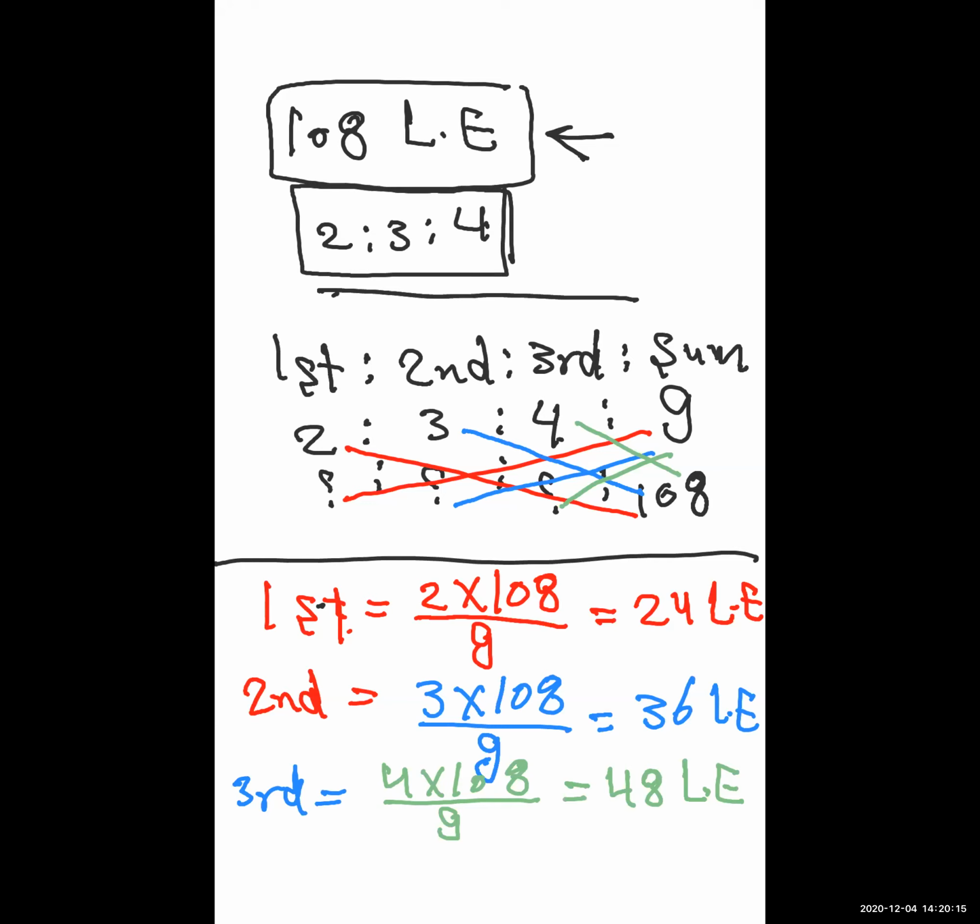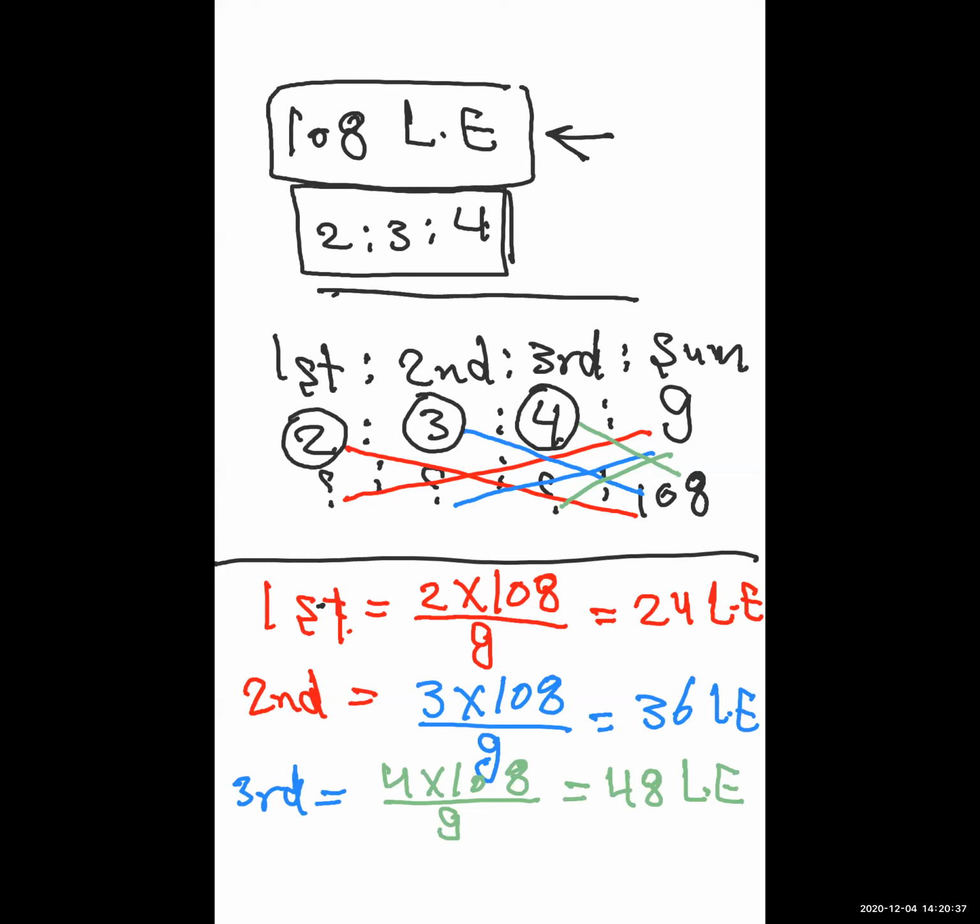Then I will get the sum of the ratio. The sum now, guys, is 2 plus 3 plus 4, which is equal to 9. And the sum of the amount of money is 108. Then use cross multiplication to get each share of them.